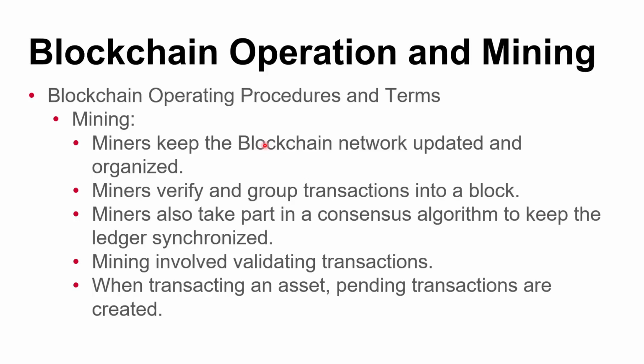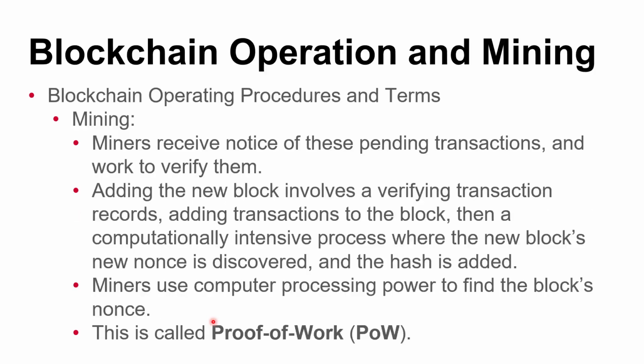And then when transacting, pending transactions are created. We'll actually see this: as transactions come in before they're validated, they are considered to be pending. Miners receive a notice of pending transactions and then begin to verify them. Verifying the transactions is essentially the work done to add a new block.